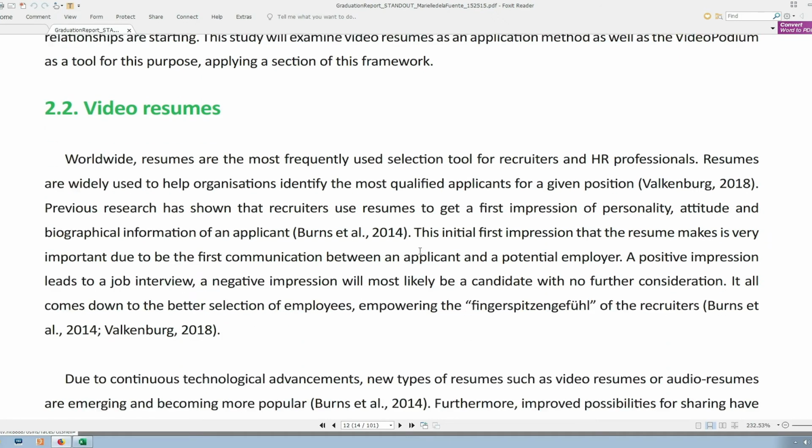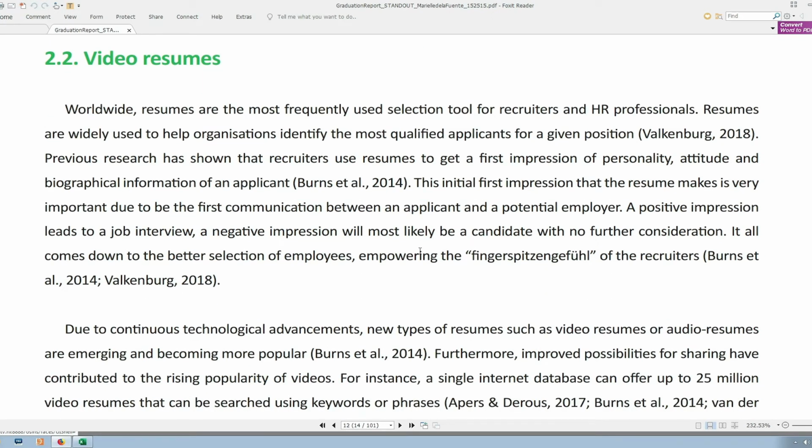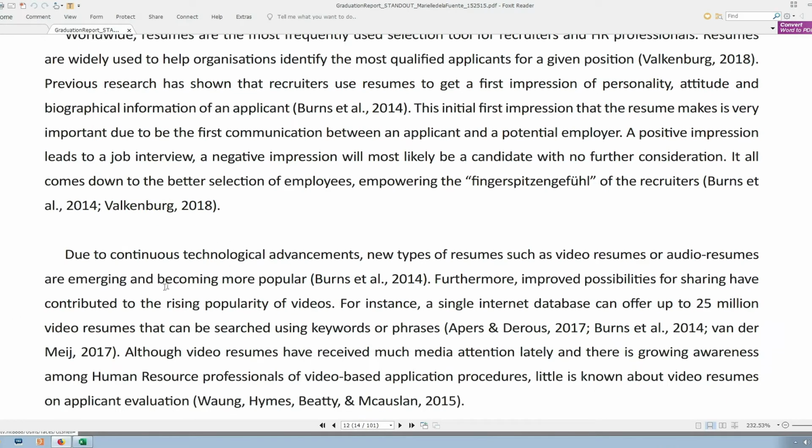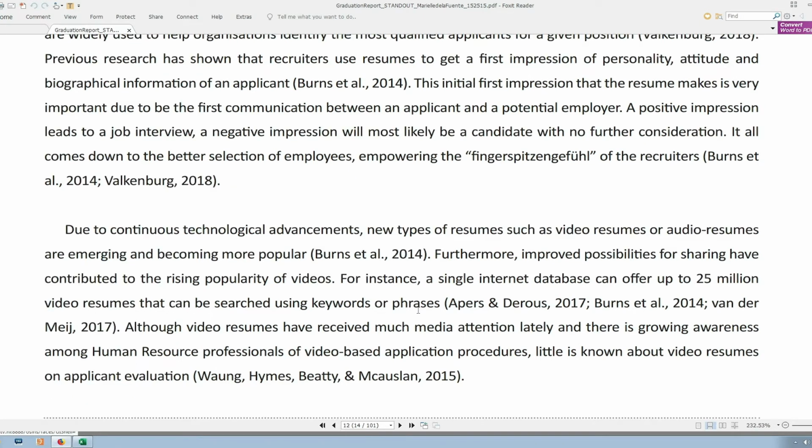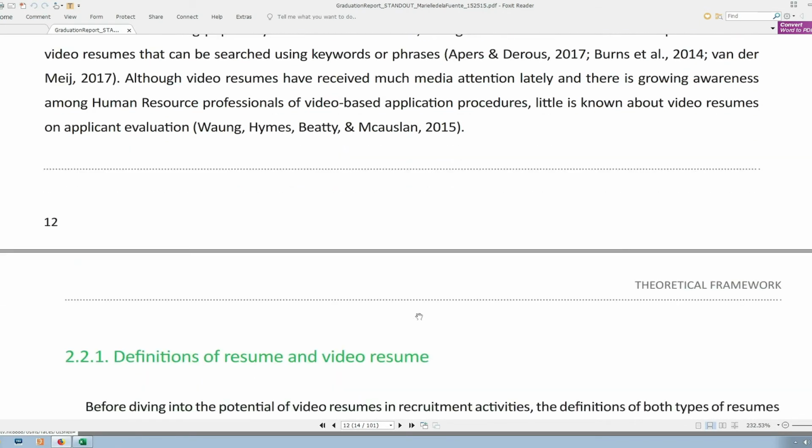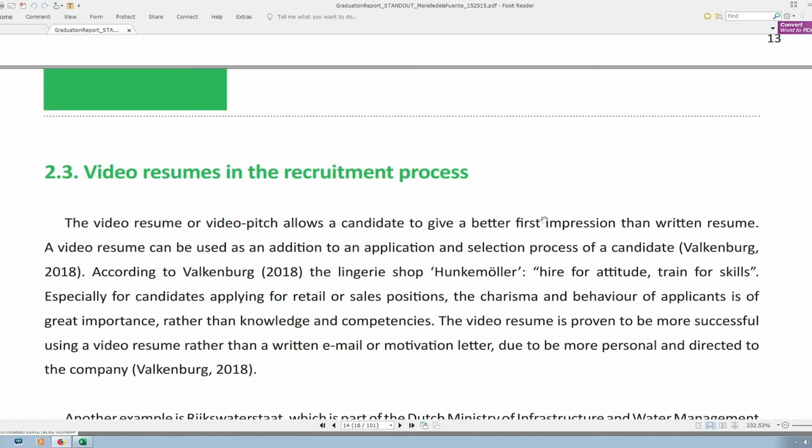Then she will discuss video resumes in general. Then she will discuss video resumes in the recruitment process.